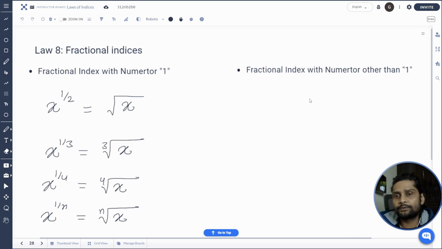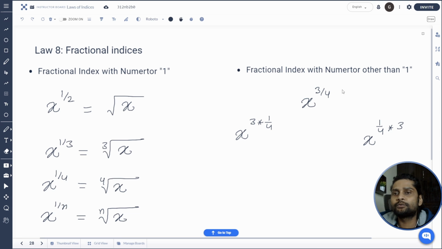Now students, in the other case, we may have an exponent as a fractional number whose numerator is other than 1. For example, it's 3 over 4. So now students, we can break it into two ways. Either we can write this as 3 times 1 over 4, or we can write it as 1 over 4 times 3.